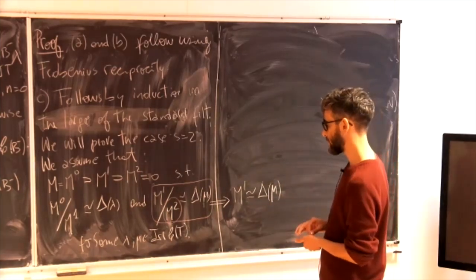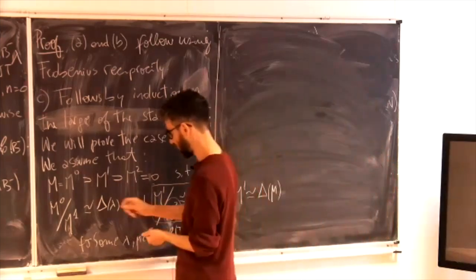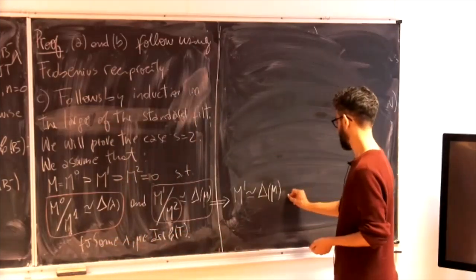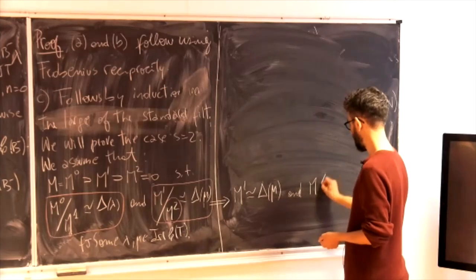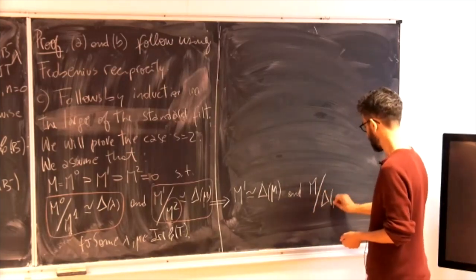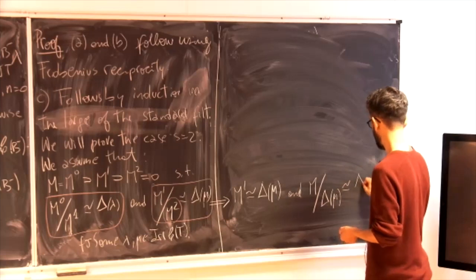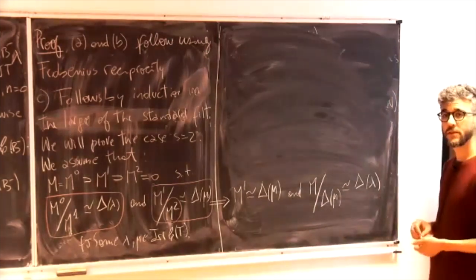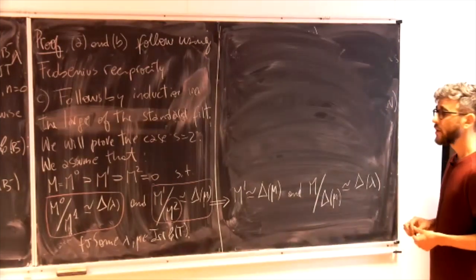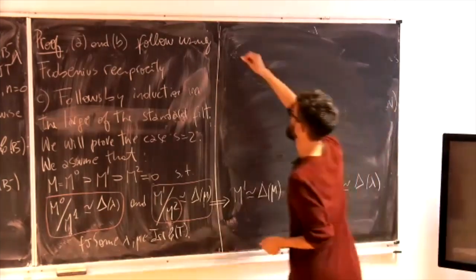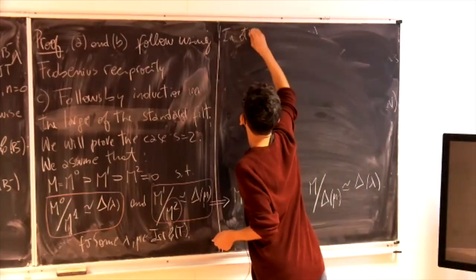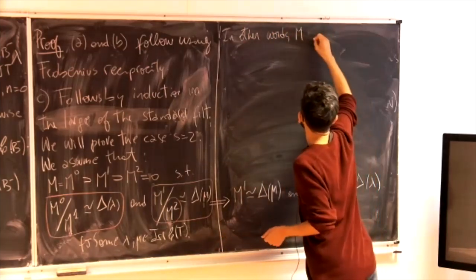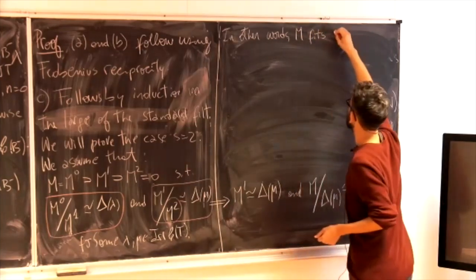And now if you see this, because of this, M quotient by delta mu is isomorphic to delta lambda. So in other words, what we have is that M fits in an exact sequence.